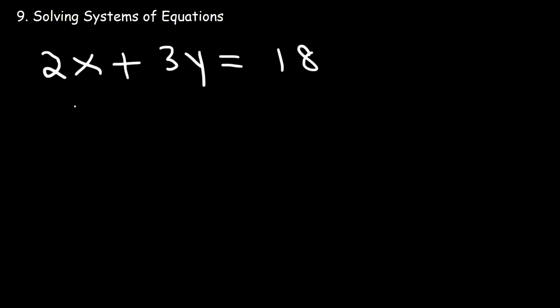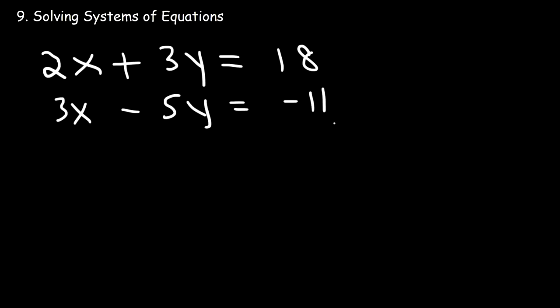Now the next thing that we are going to do is we're going to talk about how to solve systems of equations. And so let's start with this example. Let's say that we have 2x plus 3y is equal to 18 and 3x minus 5y is equal to negative 11.